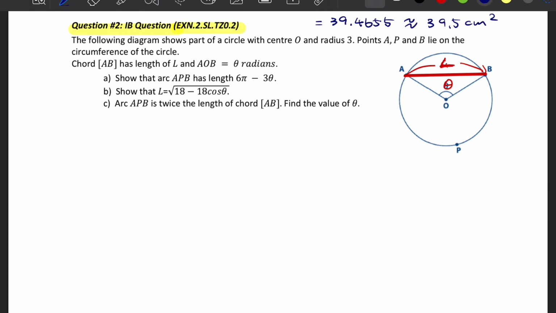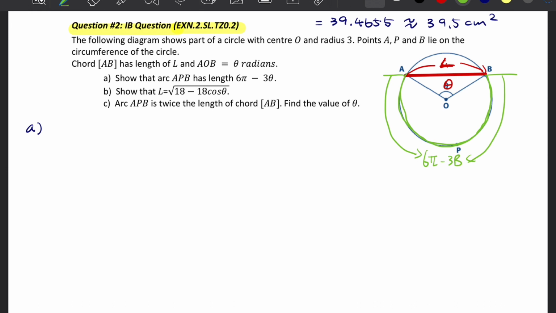Question A, we need to first show that the arc APB has a length of 6 pi minus 3 theta. So we need to show that the arc APB, so we are referring to this green part here, has the length of 6 pi minus 3 theta.